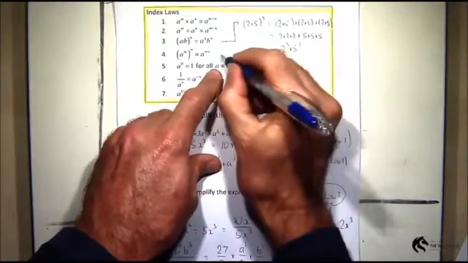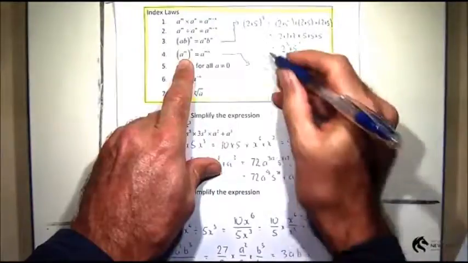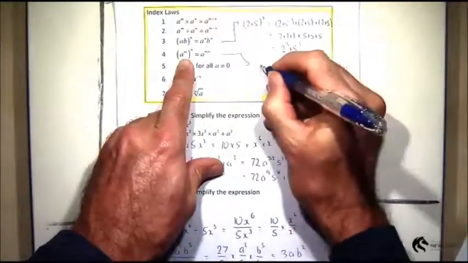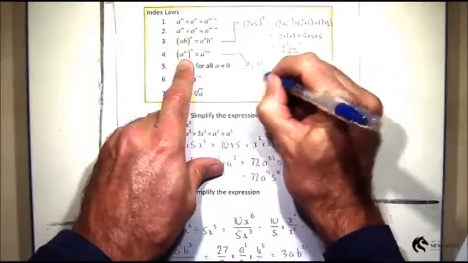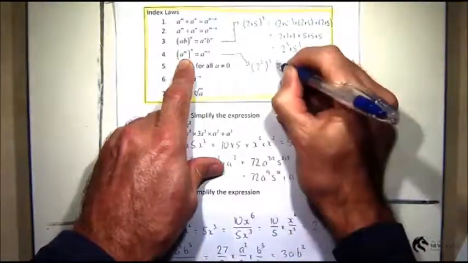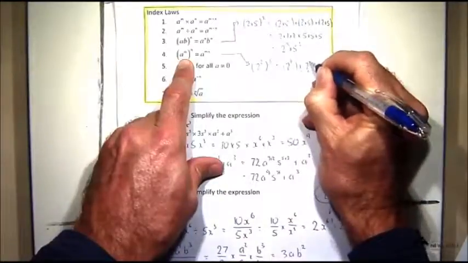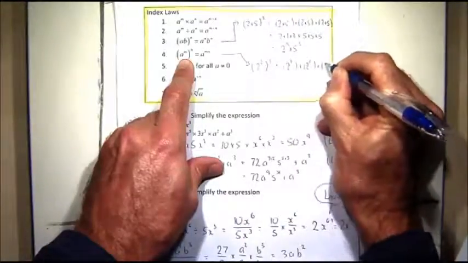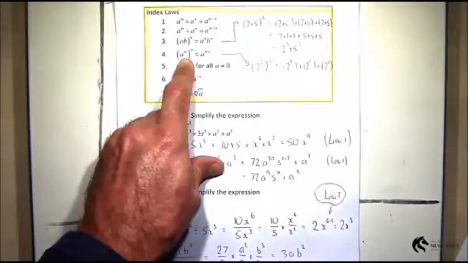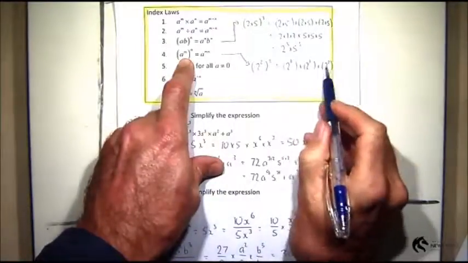Likewise, let's do something similar with this one here, law 4. Just say I had something like 2 squared all cubed. That would be 2 squared times 2 squared times 2 squared. Now in here, all of these numbers have the same base.